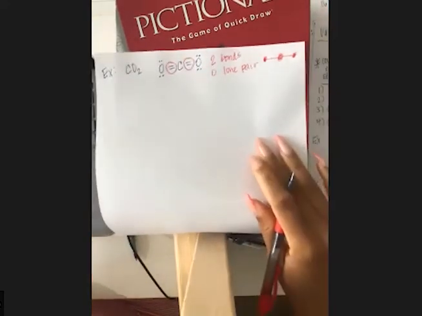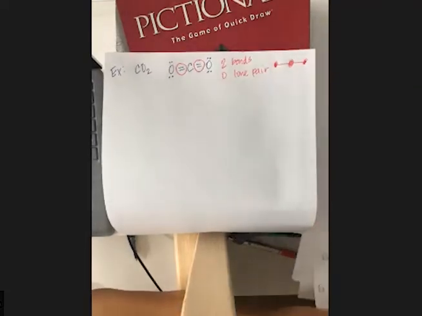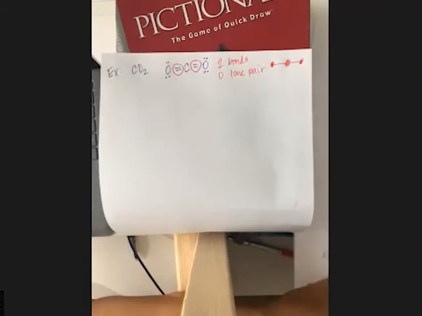And this is what our lab is going to be on tomorrow, just basically drawing these shapes out and getting their 3D molecular shape. What other one did we do today? We did F2. It's automatically going to be linear because it only has 2 atoms.